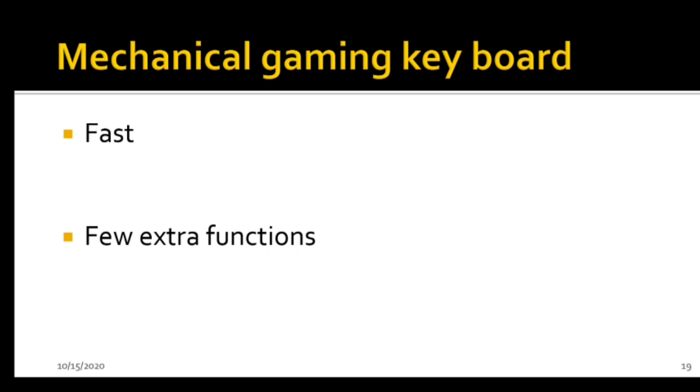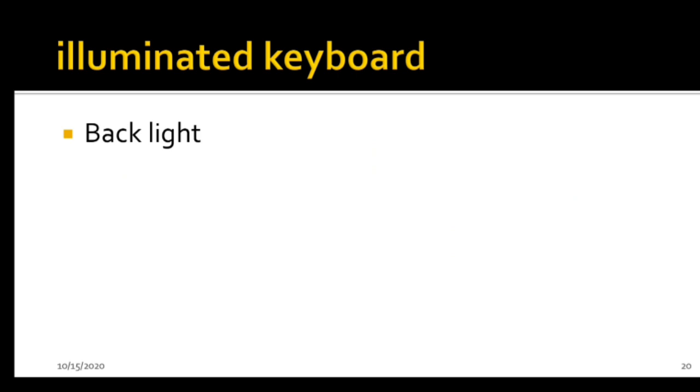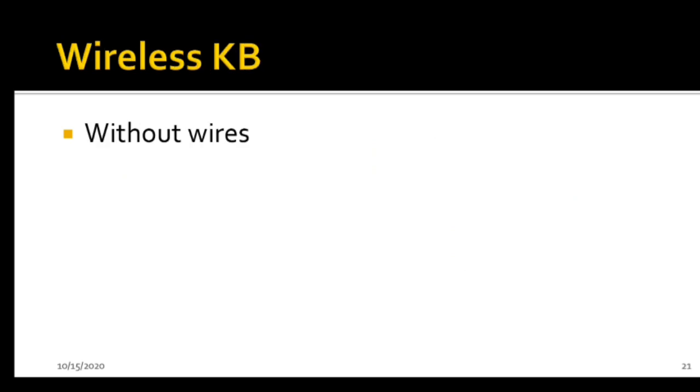There are a few mechanical gaming keyboards available in the market. These are fast keyboards, and there are a few extra functions available on them. Then illuminated keyboards are there. Suppose you are working in an area where visibility is very poor, then you can go for an illuminated keyboard, which has a provision of backlight. Wireless keyboards are hassle-free, so without a wire you can connect your keyboard with the machine.